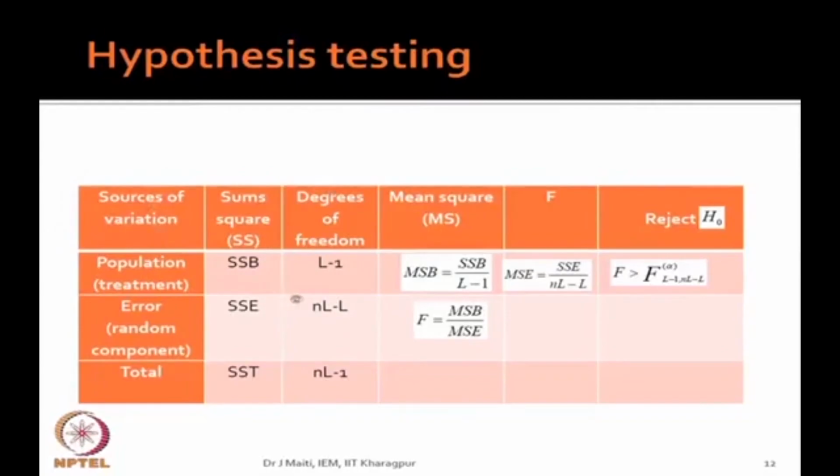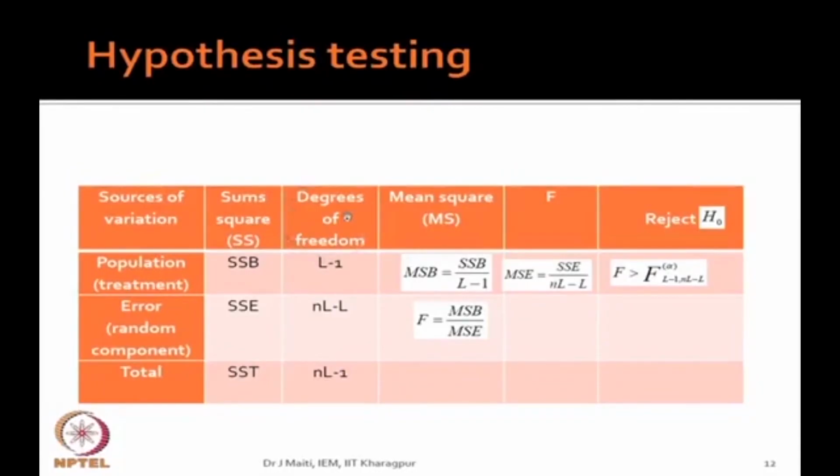Later on, even in regression and other cases, we will be using the ANOVA table. For the problem we have considered, the ANOVA table has a few items. One is the sources of variation, then the sum squares we have calculated, SST and SSB, and all those things.